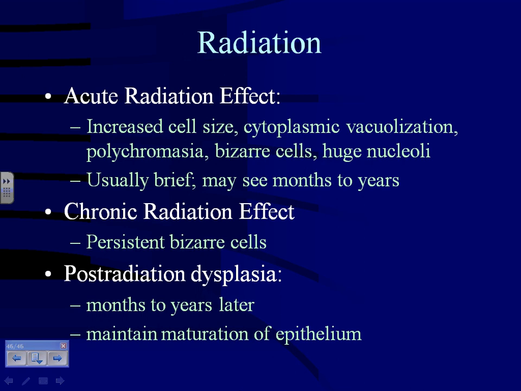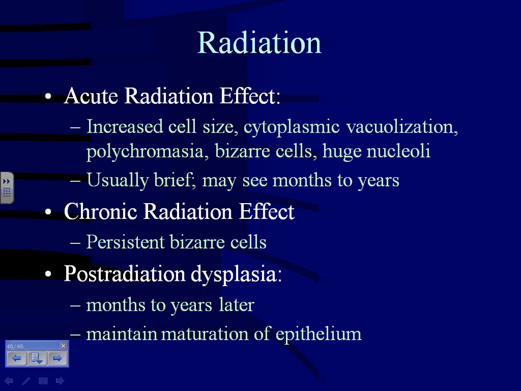But the patients who get cervical cancer, many of them are going to be treated with radiation to the cervix, to the pelvic organs. These same patients can then develop 10 or 20 years later dysplasia that's not at all related to their HPV. It's related to the fact they had prior radiation.